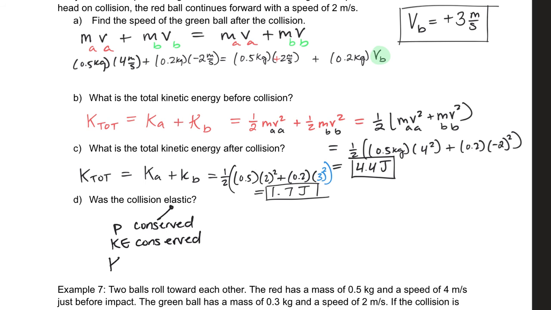So that means K before has to be equal to K after. Is that true here? No, that's not true. We know that K before is going to be 4.4 joules, and then K after is going to be 1.7 joules. So we know that kinetic energy is lost.